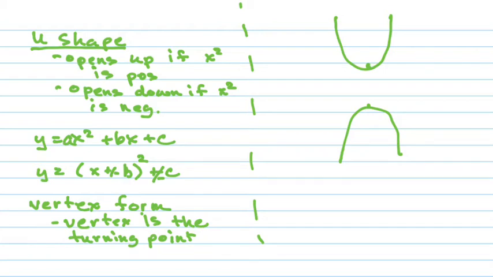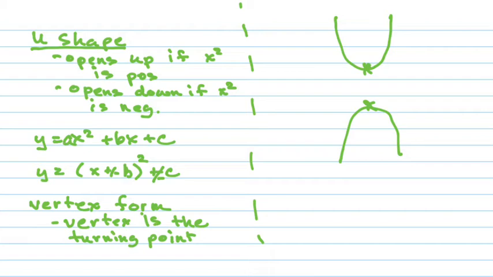So that turning point, here and here-ish on my lousy sketches, are the vertexes for these, or the vertices. So we're able to know that turning point if it's in this format.